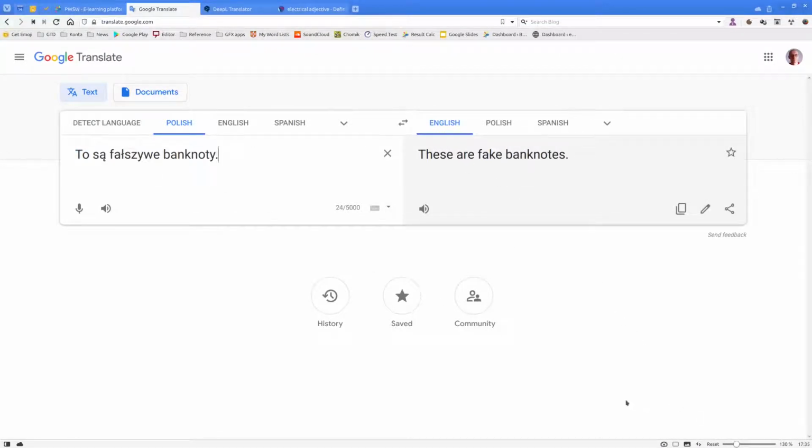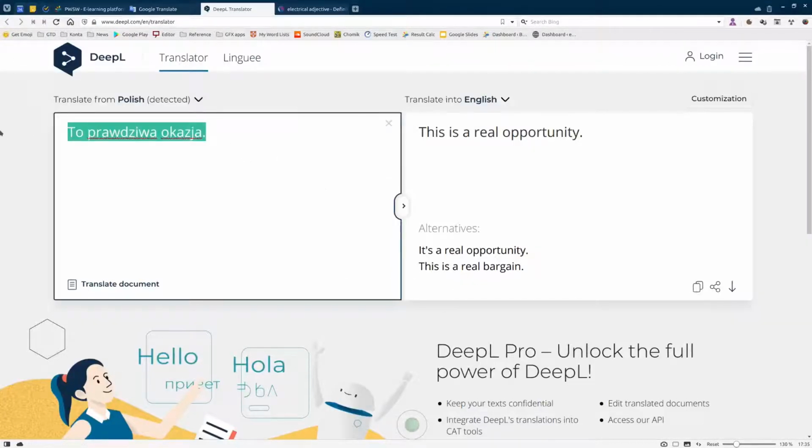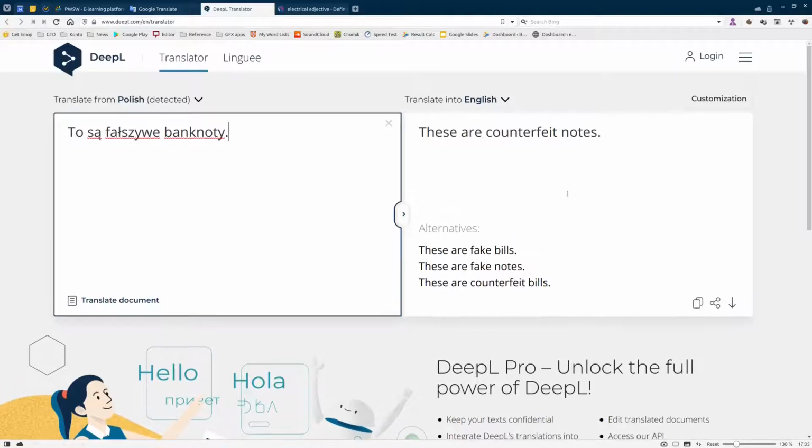These are fake banknotes. These are counterfeit notes. So this is an adjective that means basically podrobiony, right?